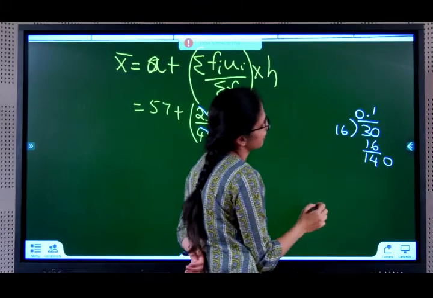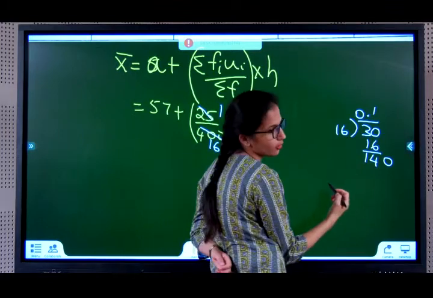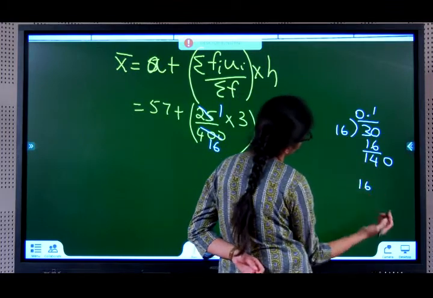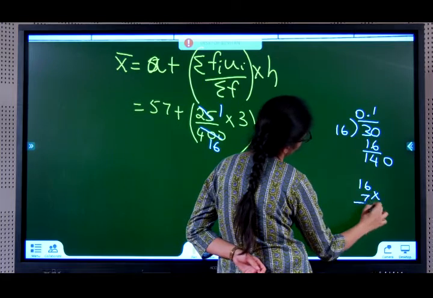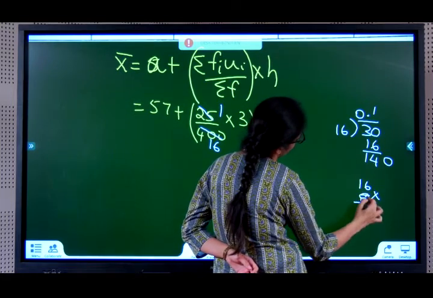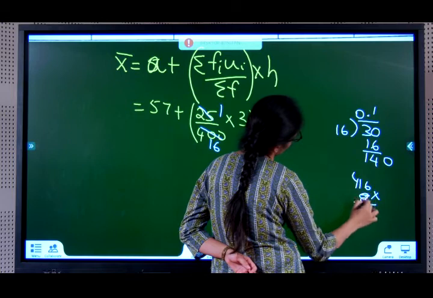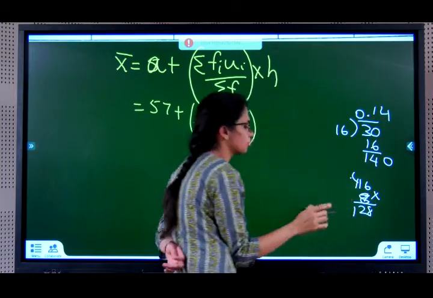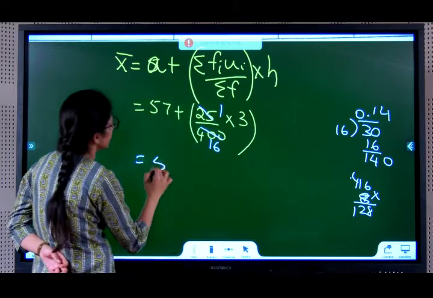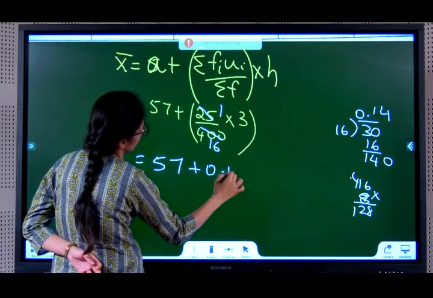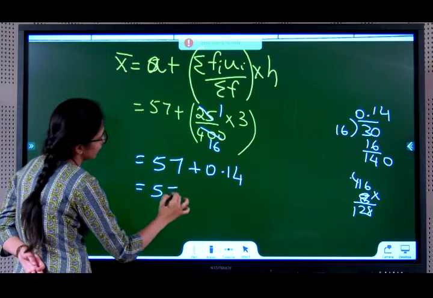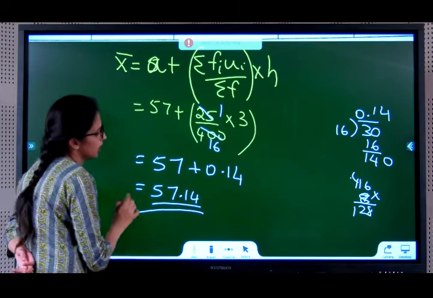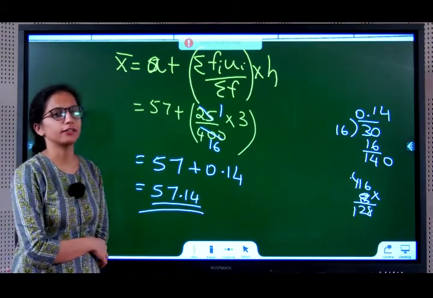So now what happens? 16 8s are would be a good number, 8 6s are 48, 8 1s are 8, 8 plus 4, 12. So 0.14 up to 2 decimals is enough. So 57 plus 0.14, which is giving us 57.14 mangoes, is the mean of the given data.